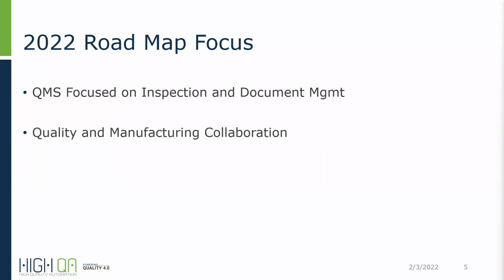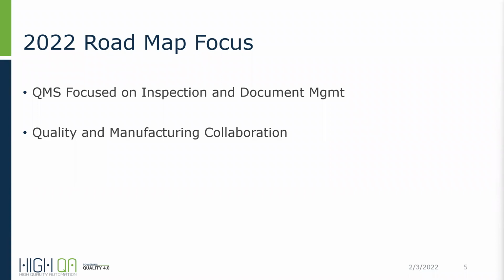The other major focus within 2022 is this idea of collaboration between quality and manufacturing. All right, historically, companies have thought of us as a quality system exclusively, and so we see this a lot where companies buy the ballooning tools and the inspection management tools for their quality people. But because we see the way that our customers are engaging with our tools, we're pushing this idea that this isn't just for quality.